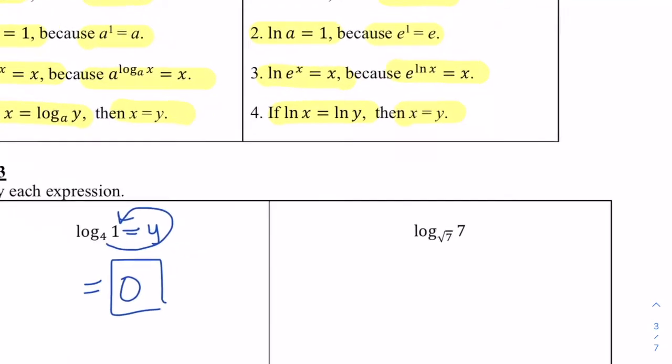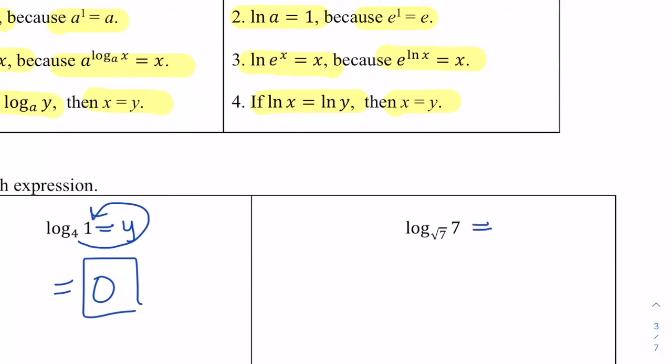Now for this one, this may not be easy to identify right away. So I'll rewrite this into exponential form. So let's do this one more time. I'm going to write over here, square root of 7 raised to the y equals 7.